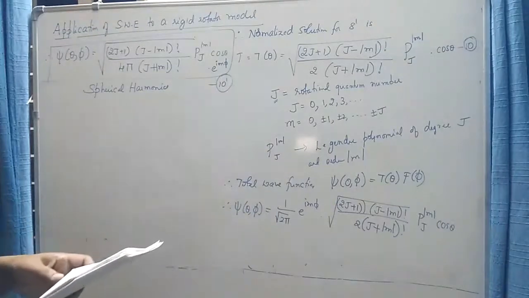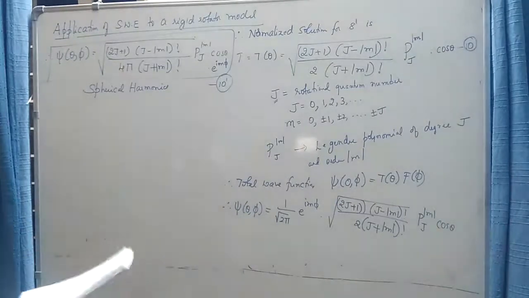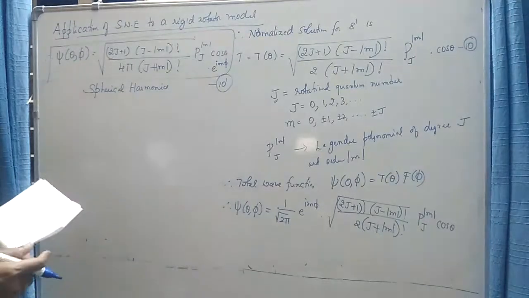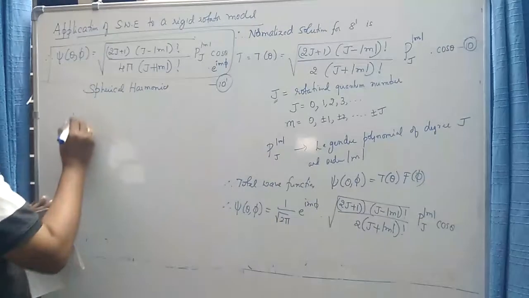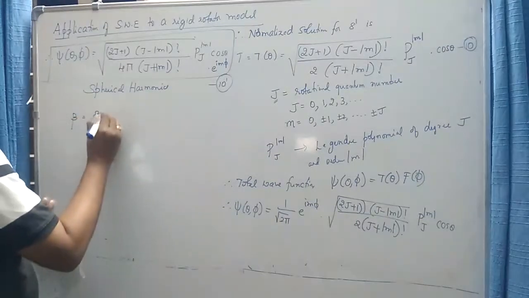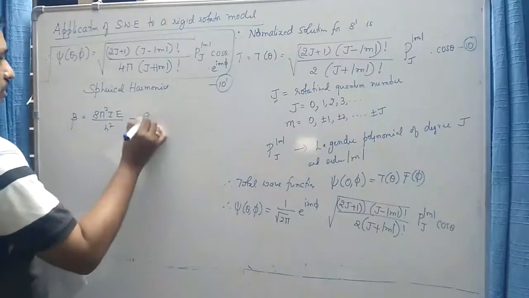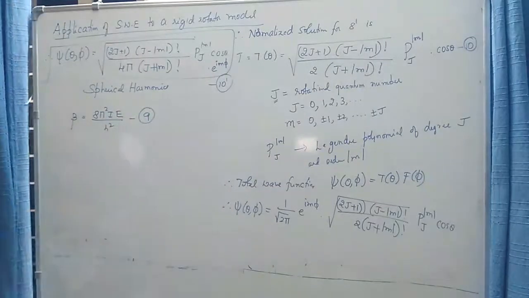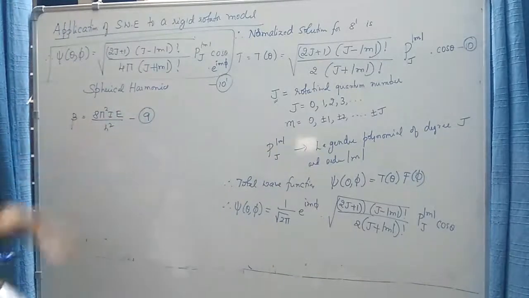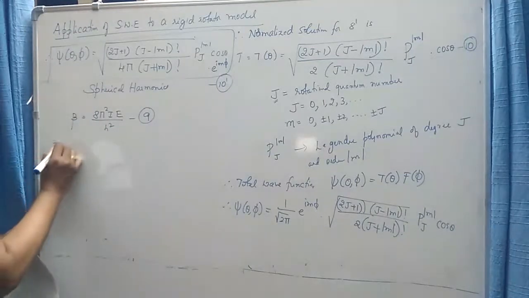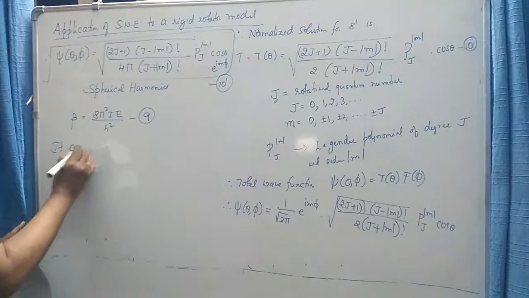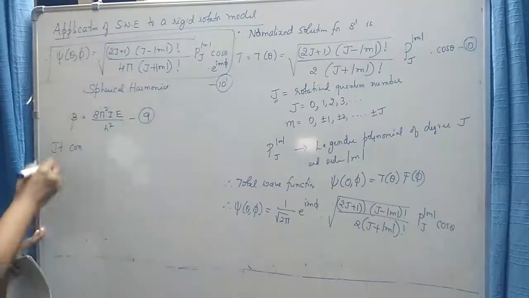We will not go into the detailed derivation of the expression. Okay, I already showed that the beta value is 8 pi square I into E divided by h square. Okay, equation number 9, which is a characteristic value for a given molecule. So it can be shown that the value of beta is also restricted from the boundary condition and the normalization conditions.